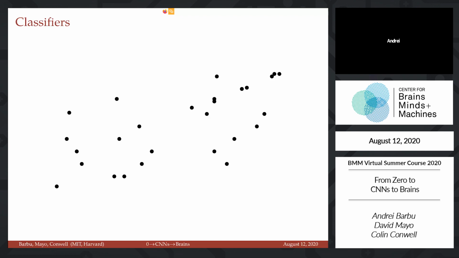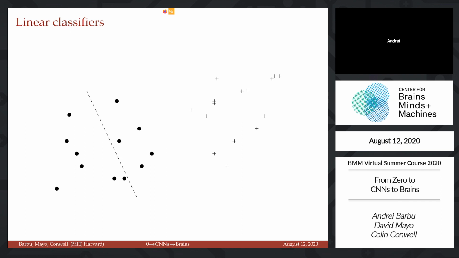And at test time, we'll have to decide which points fall into which cluster. And one of the most straightforward ways to do this that's been known for many decades now is linear classification. In other words, you try to find a linear decision boundary where you say everything to the left of my line is a circle and everything to the right of my line is, in this case, a cross.